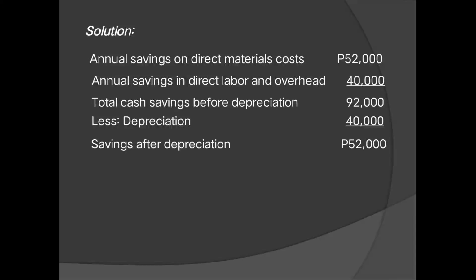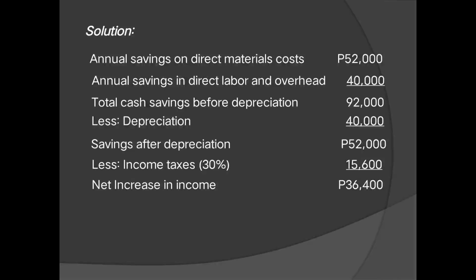Then, makukuha na natin yung savings after depreciation na 52,000. Then, ililess natin yung income taxes na 30%. And, para makuha yun, i-multiply natin yung 30% sa 52,000 and makukuha na natin yung 15,600. Then, we get the net increase in income na 36,400.